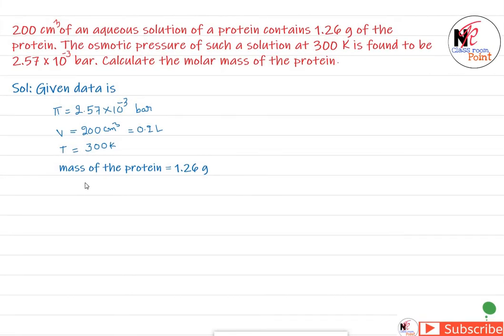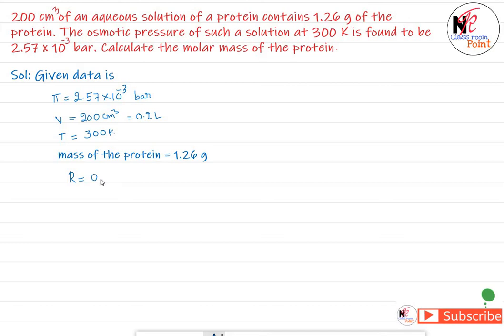R equals 0.0831 liter bar per Kelvin per mole. Because here pressure is given in bar, hence we have to take the R value also in bar. If it is given in atmosphere, then it becomes 0.0821 instead.